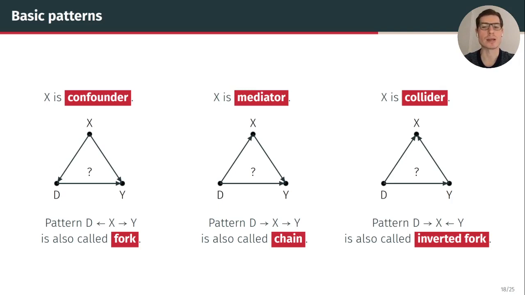So if you want to get admitted at Harvard, what helps is maybe your educational background, but certainly also your financial background. Now, this is a highly problematic pattern when you are in fact interested in the relationship between D and Y, and then you're tempted to control for X because, well, bad things can happen here. But more on that later.